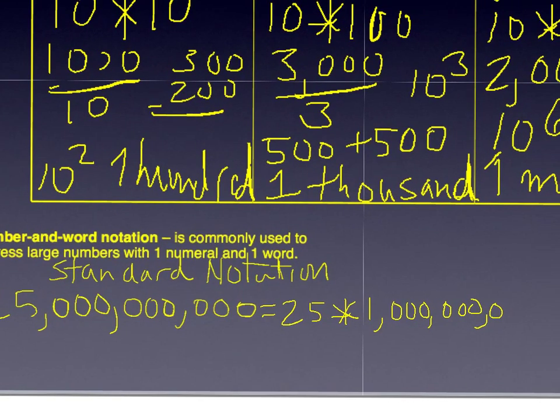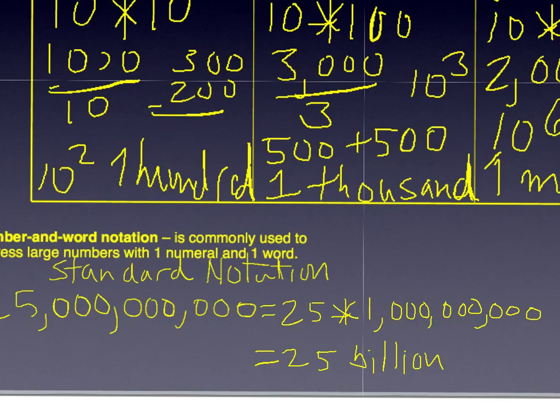Need a little bit more space. Okay. Which is the same thing as 25 billion. Okay, that's not any simpler, obviously. But what about this? 25. And then instead of saying 1 billion, we just said billion when we write it. Okay, that's a lot easier.